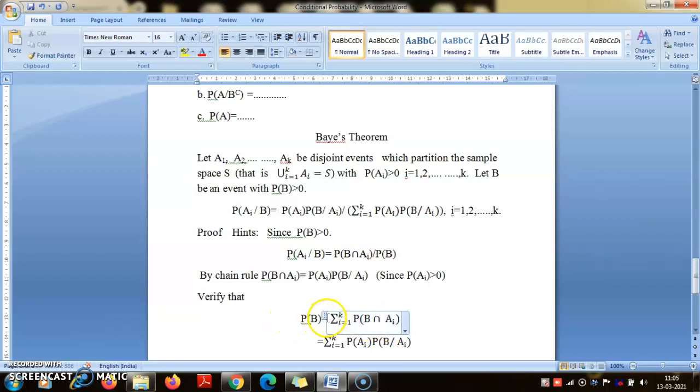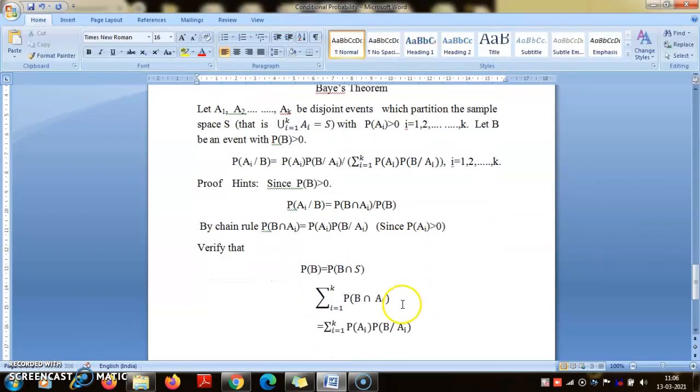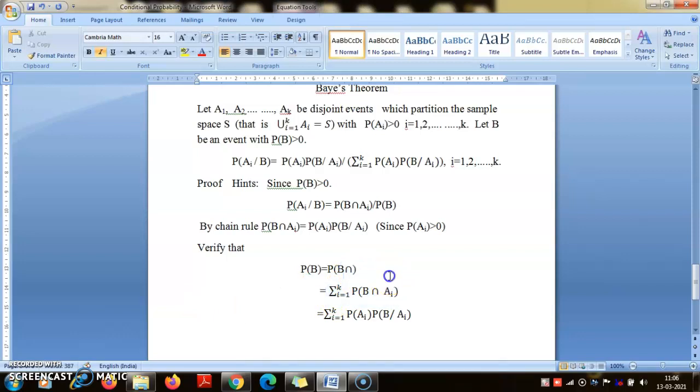Let me give you one more hint, which will make your job even easier. We can think of B as B intersection S. You see why? Because any event here is a subset of S, and therefore the intersection of S with its own subset is that subset itself. So for any set A or B which is a subset of S, this is true.